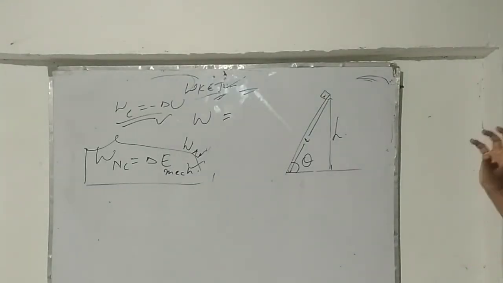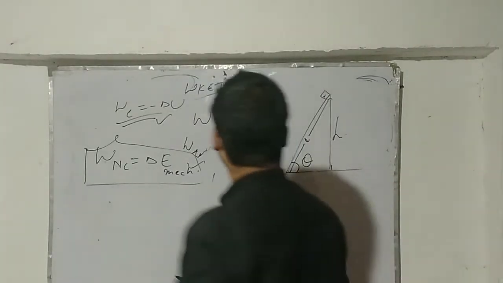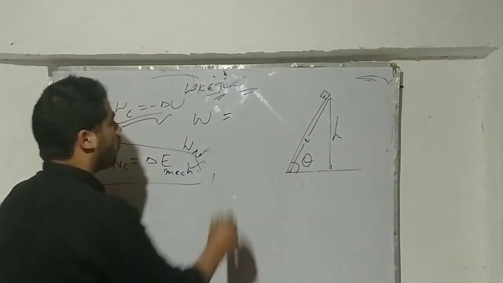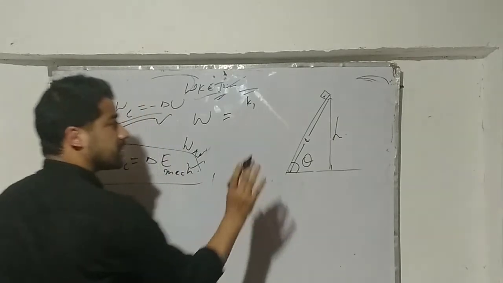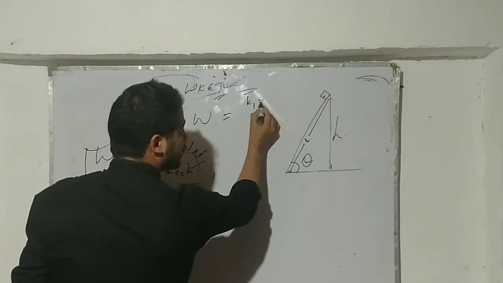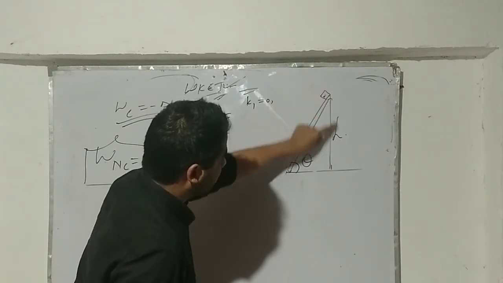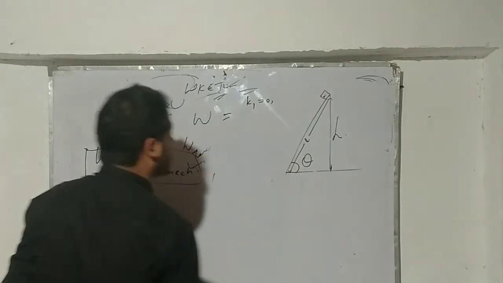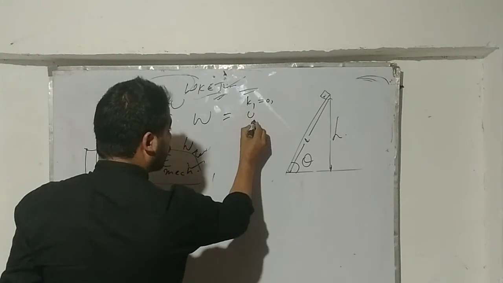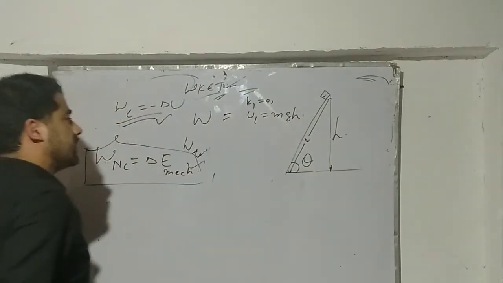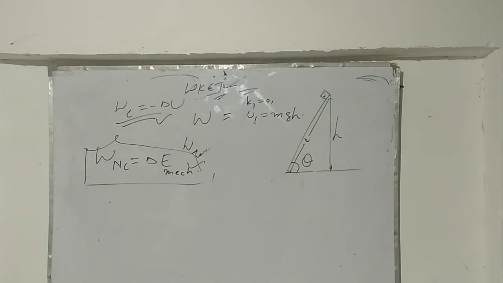If I parameterize my problem here, my block is initially at rest, so what's the initial kinetic energy? If I represent it by K1, it must be 0. Now my block is at a vertical height h from this reference, so my U1 is mgh. And this is what I can know at the first place from the problem.